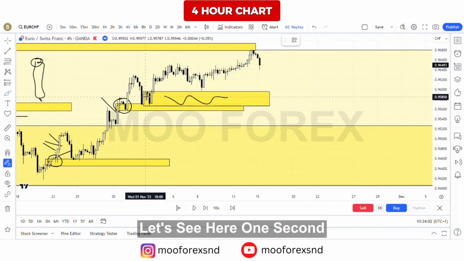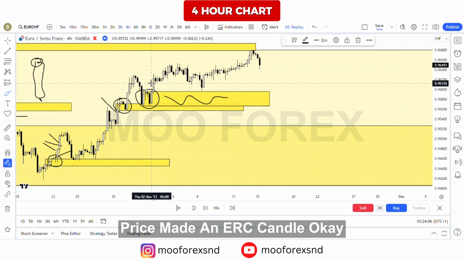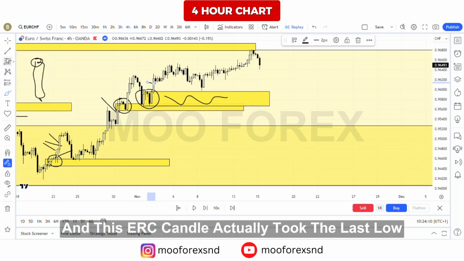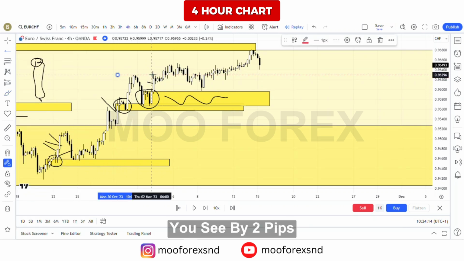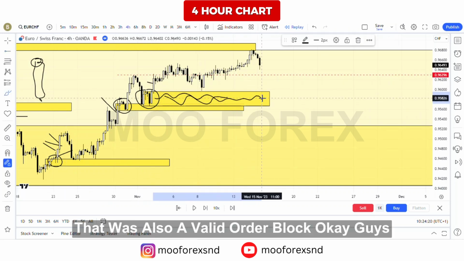After this order block, price made an ERC candle, and this ERC candle actually took the last high by maybe 1 or 2 pips. So that was also a valid order block. Okay guys.